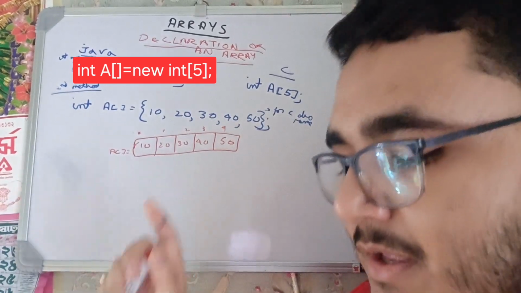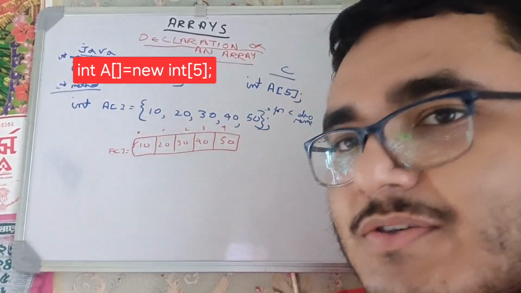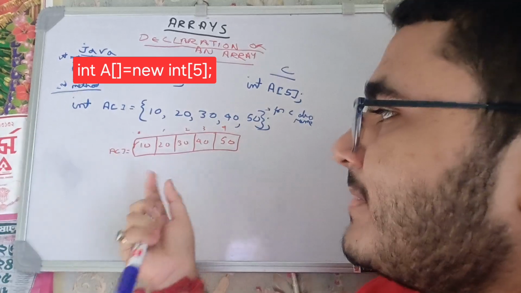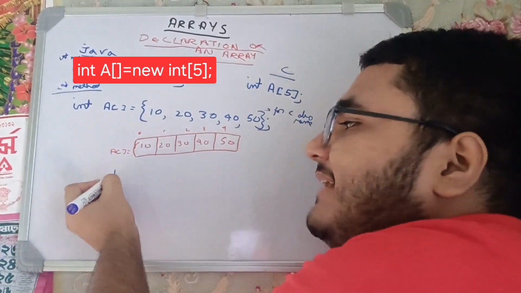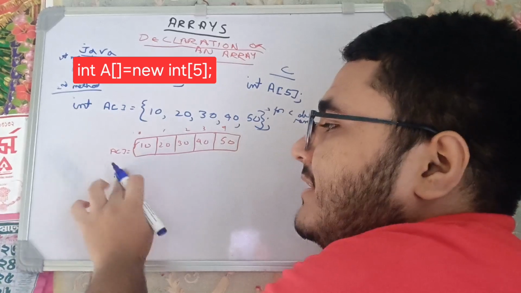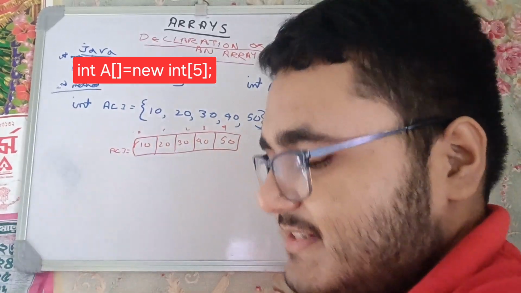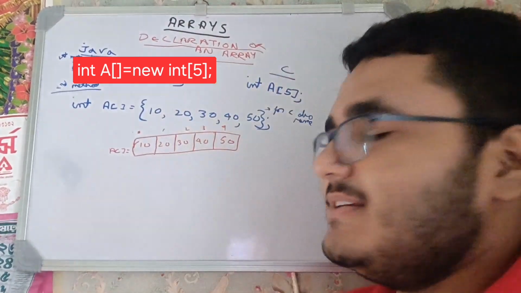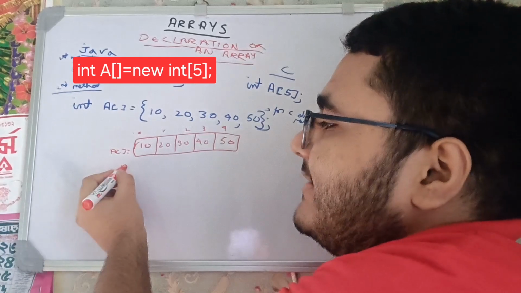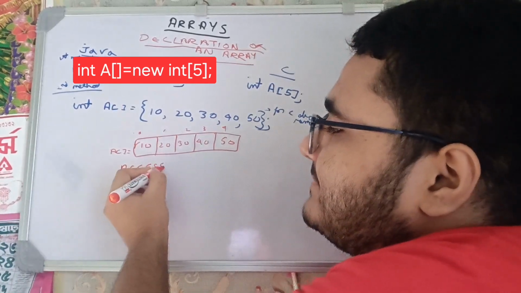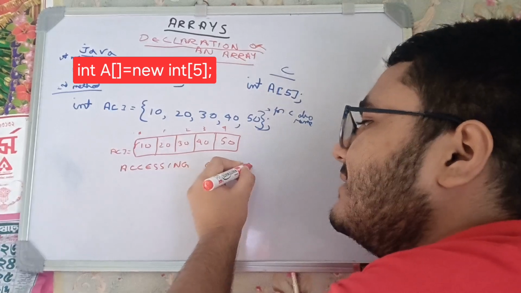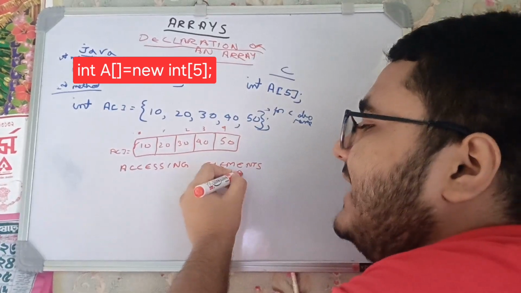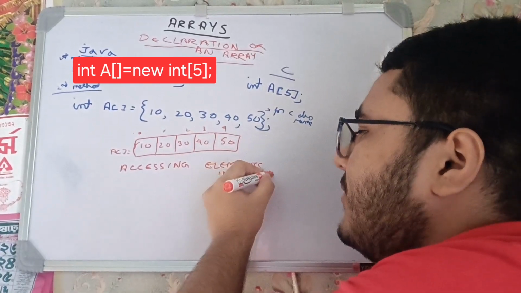In case of Java and C, I am writing about how to access the elements. Accessing elements in an array.